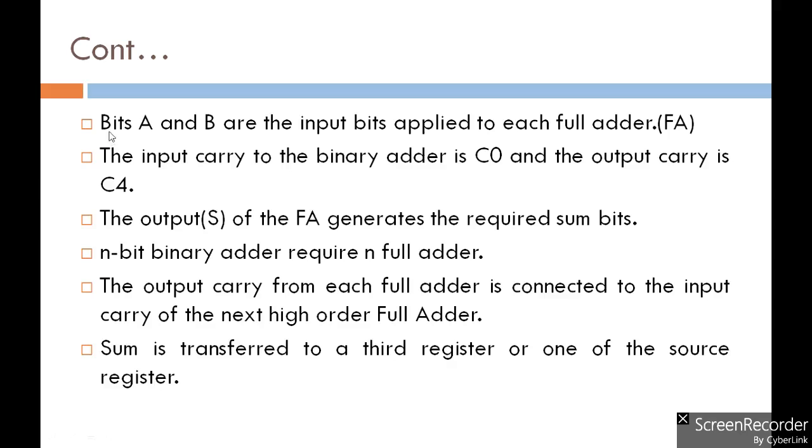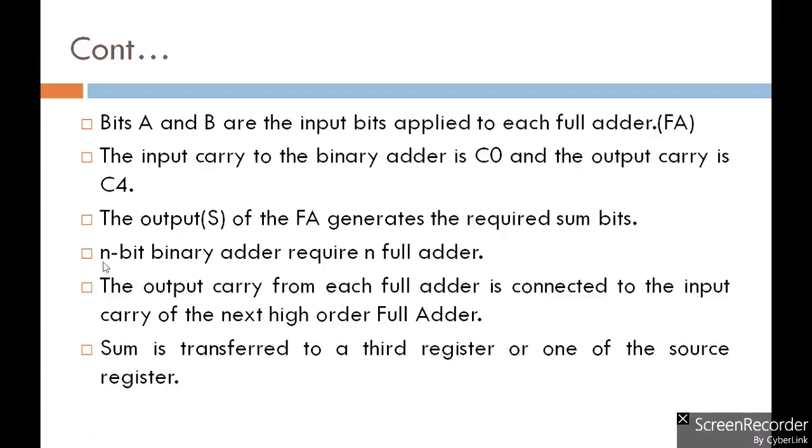Now, bit A and bit B are the input bits, and these two are applied to each full adder. The input carry to the first stage of the binary adder is C0 and the output carry from the last stage is C4. The output S of the full adders generates the required sum bits, that is S0, S1, S2 and S3.